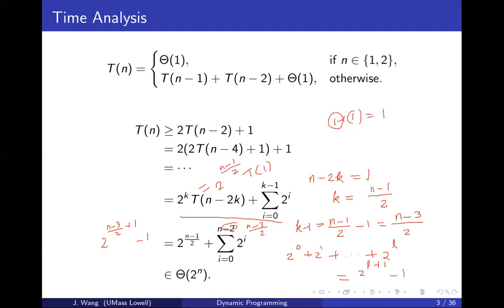So then, of course, we know this would be 2 to the n minus 1 over 2 minus 1. So you add these two up, and that is in the order of 2 to the n minus 1 over 2.